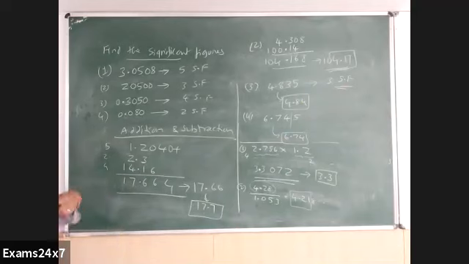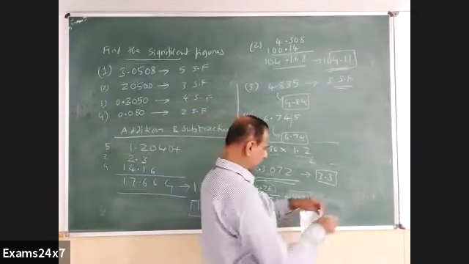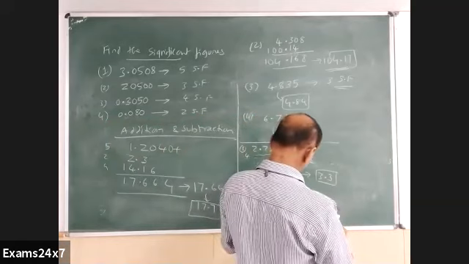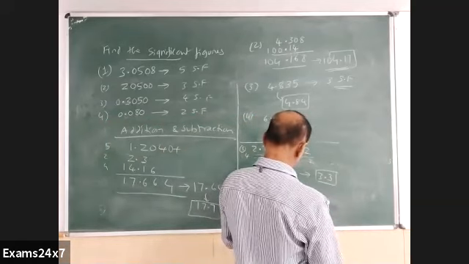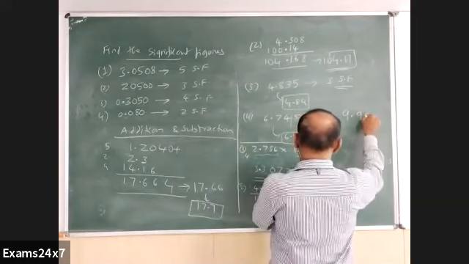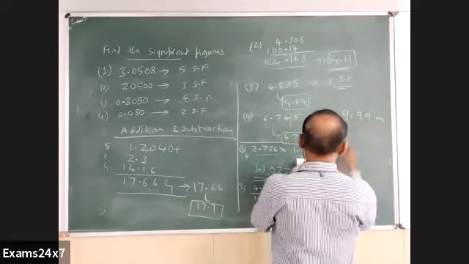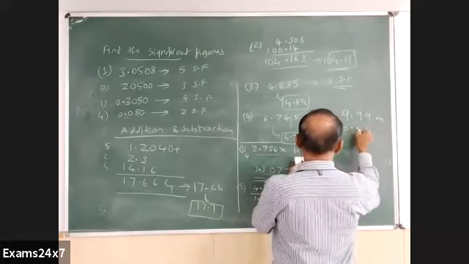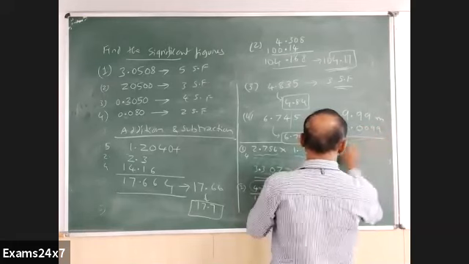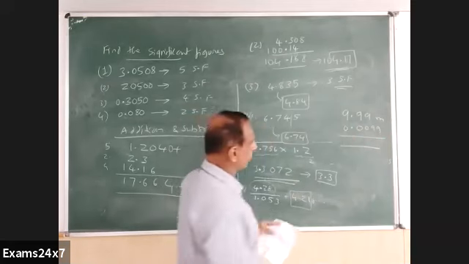On this idea of the addition or subtraction rule, there was a question, such a simple question, exactly asked in the 2020 NEET exam: 9.99 meter subtracting 0.0099. What do you get then?